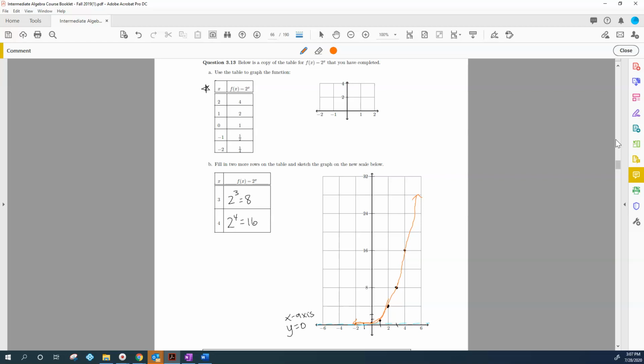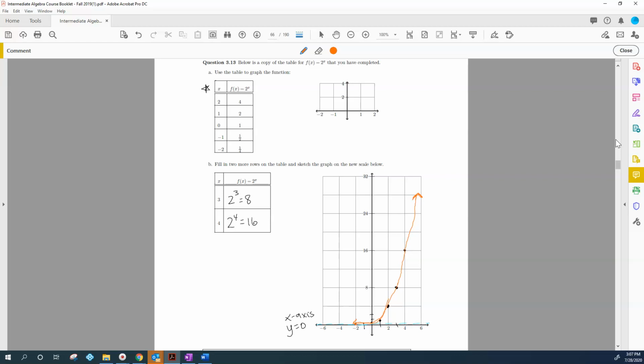It's going to go out to the left forever, but as it goes further to the left, it's still never going to touch that x-axis. It looks like it's going to touch it, but it gets so close and never touches it. Out to the right, it's going up and out forever, so I put an arrow on that as well.